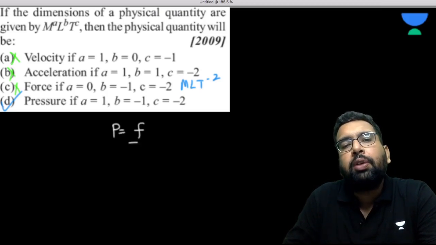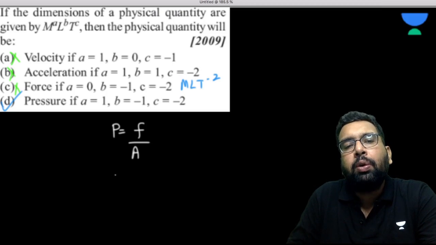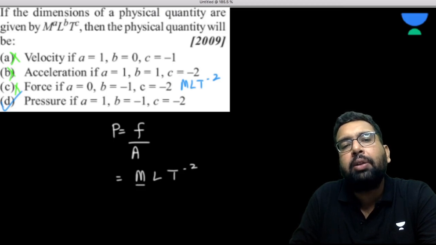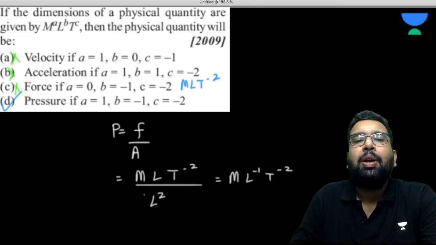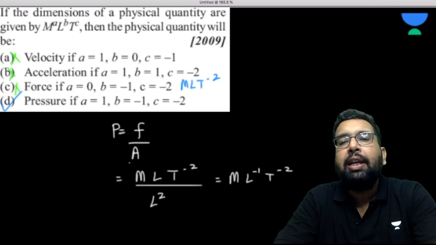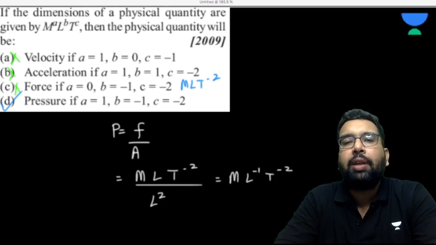Pressure is force upon area. The dimension of force is MLT to the power minus 2 upon L squared, so the dimension is ML to the power minus 1 T to the power minus 2. So the answer would be pressure. I hope it is fine to everyone. Right, now let's move to the next question.